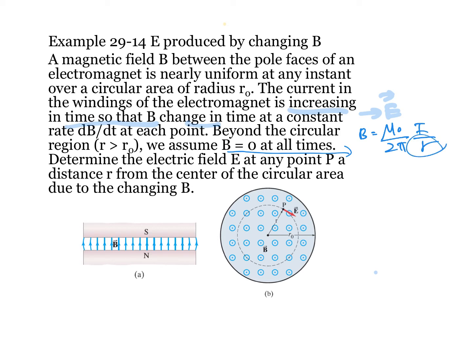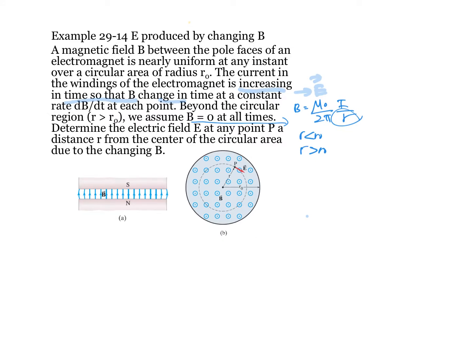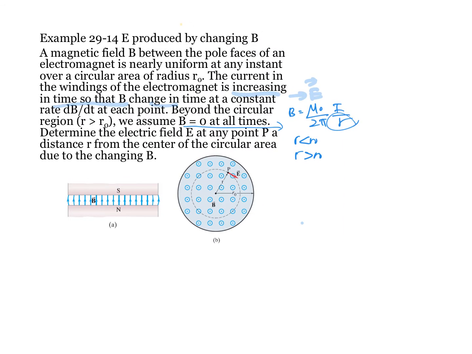But now, because the change of the magnetic field is going to induce an electric field, we need to find the relationship for R less than R naught and R more than R naught. I proceed first with R less than R naught. You can refer to this picture.